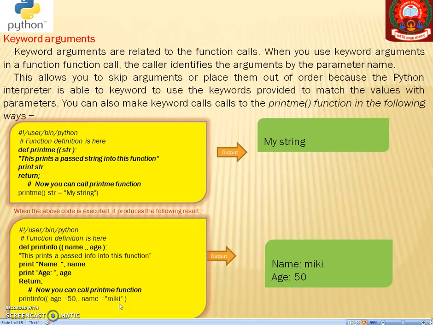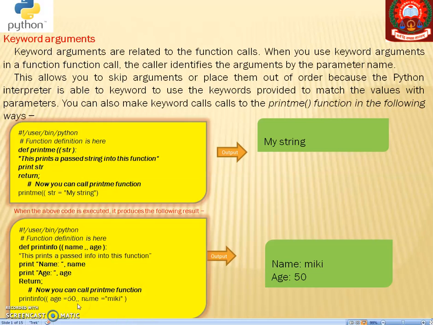Remember, the sequence of arguments in the definition is name and age. Here we have given age first and name second. The order of the arguments is not the proper order that we defined in the function, but it makes no difference.